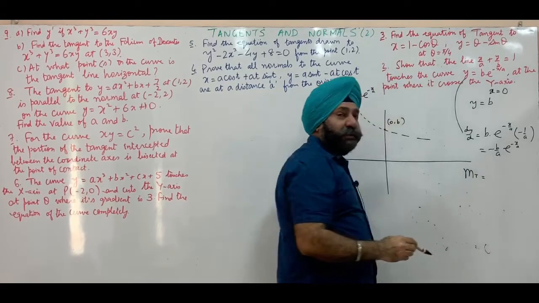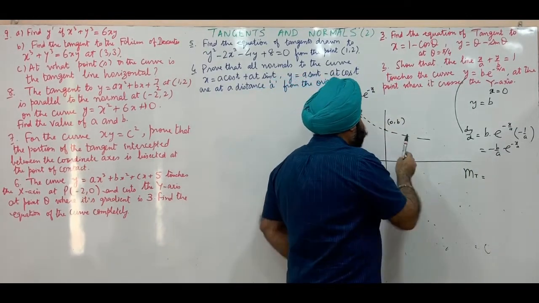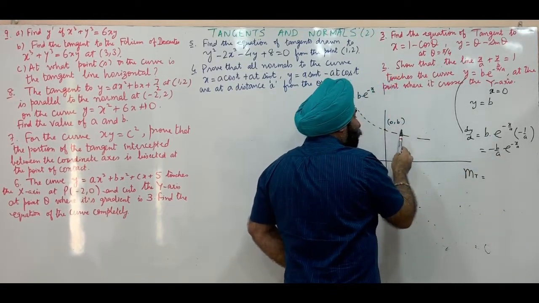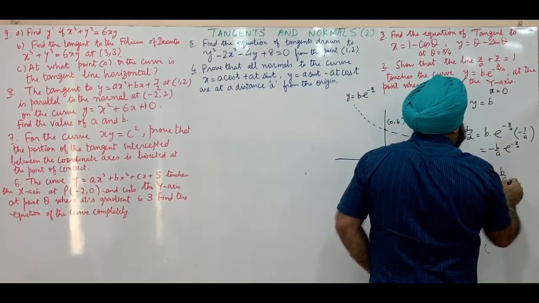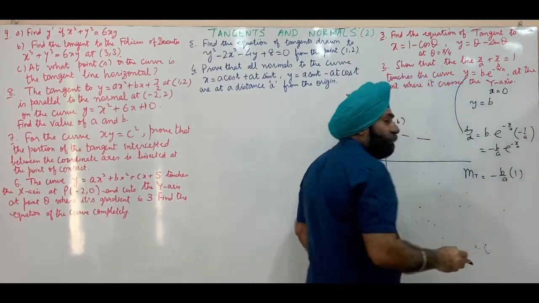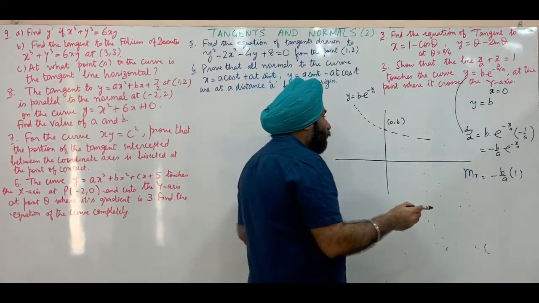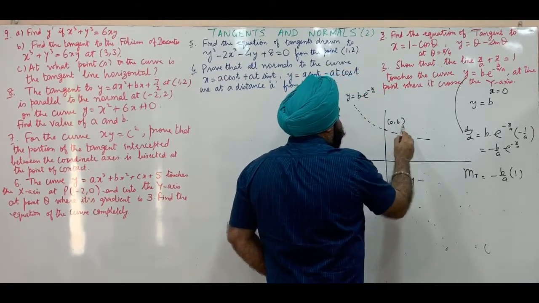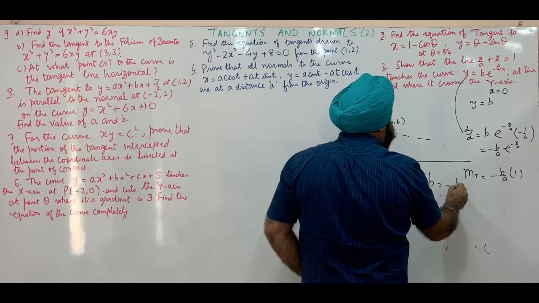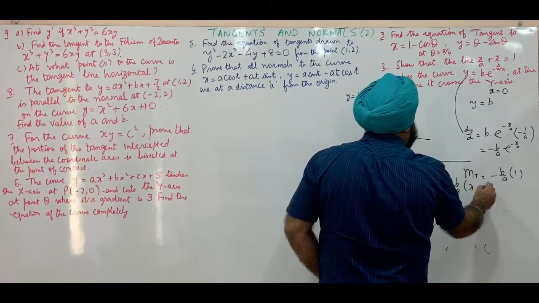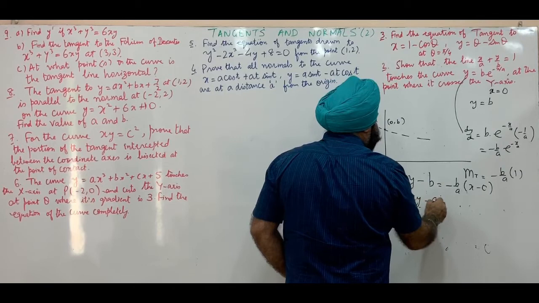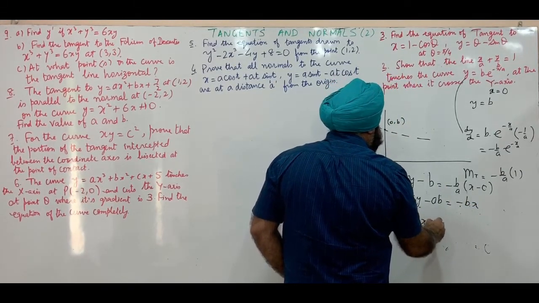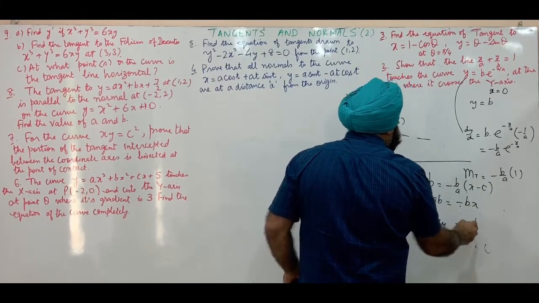Now for the slope of tangent we substitute the value of x and y in the derivative. X is 0, so this is minus b by a, e raised power 0 is 1. This is the slope of tangent. We write the equation of tangent, y minus y1 is equal to slope of tangent into x minus x1, that's ay minus ab is equal to minus bx, that's bx plus ay is equal to ab.